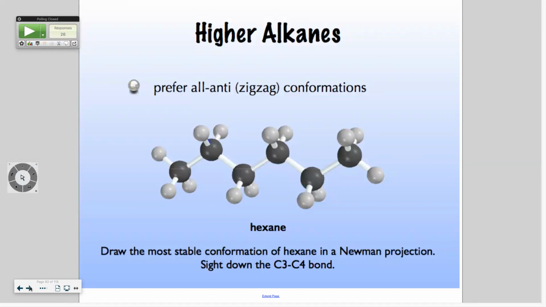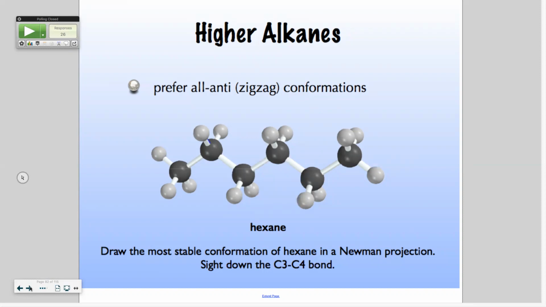Okay. As we get into bigger and bigger alkanes, which is sort of happening here, they start to adopt conformations where the hydrogens, 2, 4, 6, are all anti to each other. There's a blue carbon in there, but that's okay.